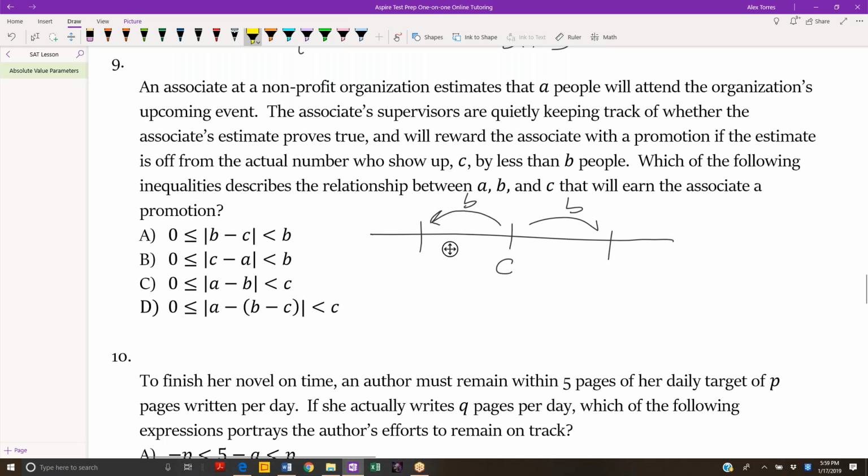But the estimate in this problem is A. So before we were saying the distance between any number and C, but here the any number is the estimate, it's the A. So we're talking about the distance between the estimate and the actual number. So this is the absolute value of the distance between the estimated number and the actual number, and that distance must be less than B.